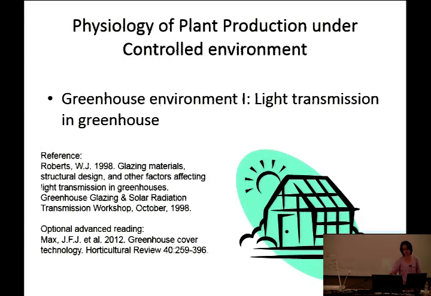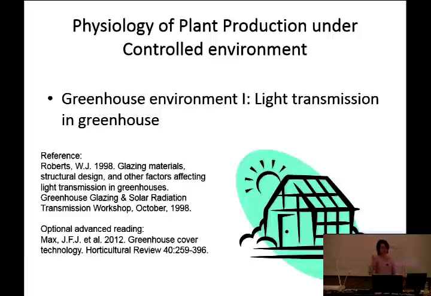All right, there are 2 references actually. The first one is written in the handout. The second one is missing, but I have that in the D2L. The second one is optional and advanced reading, for graduate students most likely, and undergraduate students who are very interested in this topic. The first one is only a few pages.